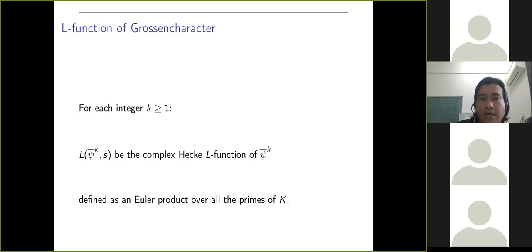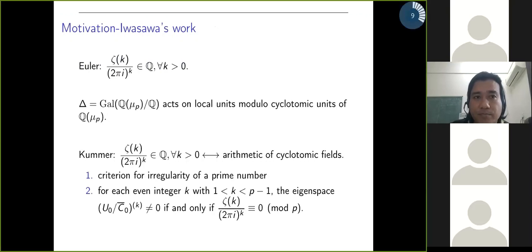Like we have L functions for characters, there are L functions for these Grossencharacters.